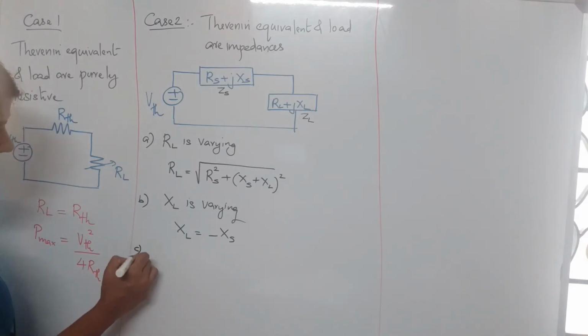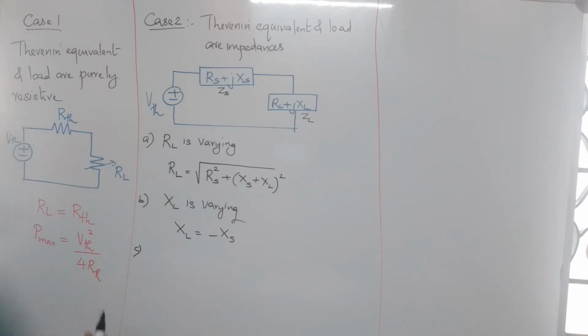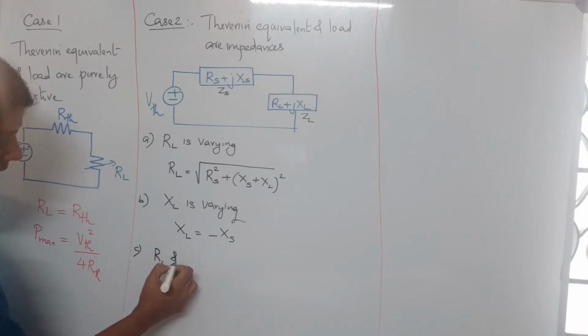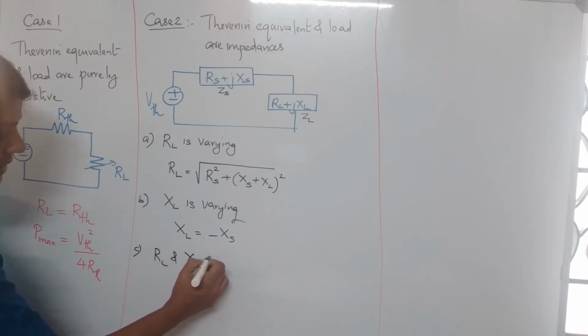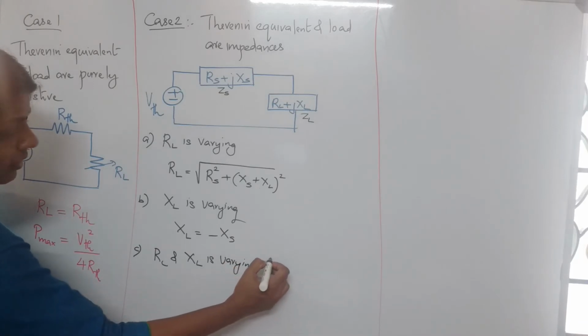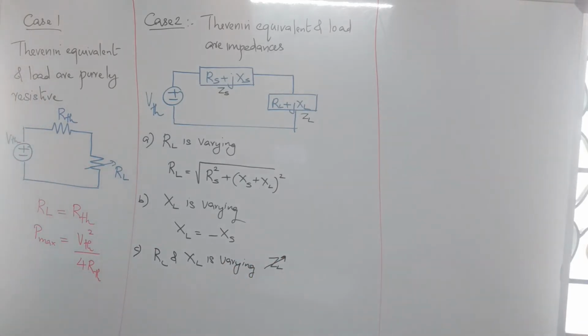And the third case is both these are varying. RL is varying as well as XL is also varying. That is, ZL as a whole is varying, the impedance load is varying.